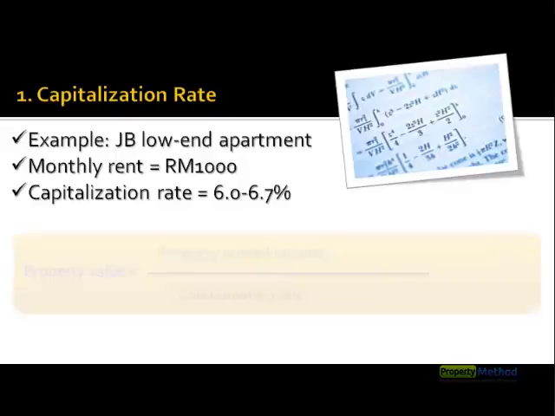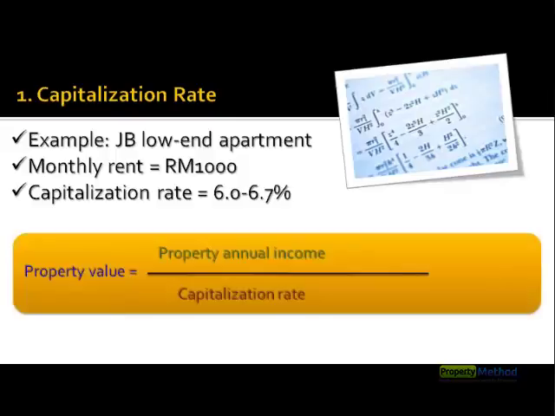So if the apartment in this example can rent for 1,000 ringgit every month in the market, its expected annual income based on this formula will be 12,000, which is 1,000 every month times 12 months.